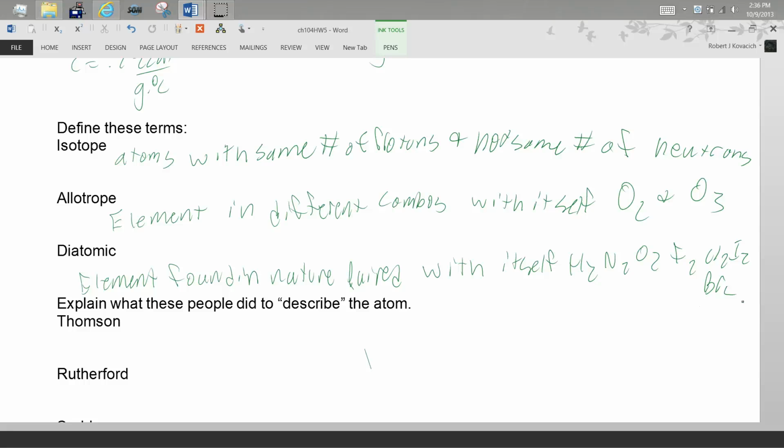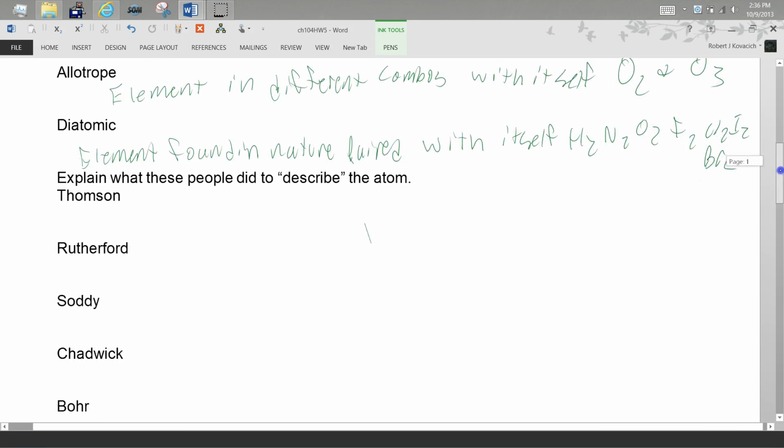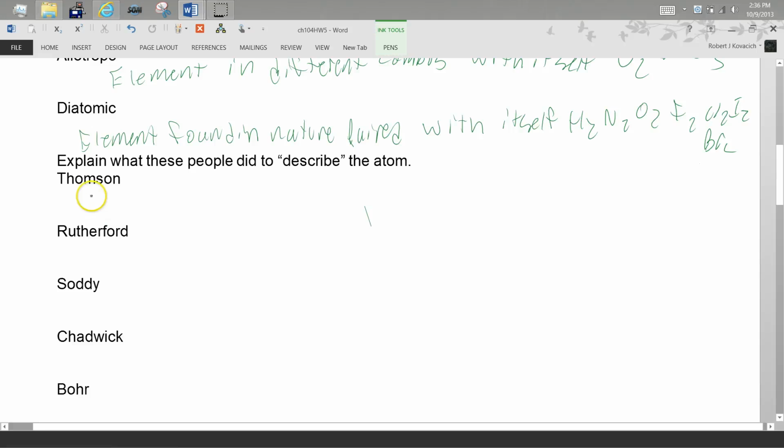Explain what these people did to describe the atom. So what was it that Thomson did? This is a rehashing from last homework. Okay, so he finds the electron. Anything else?